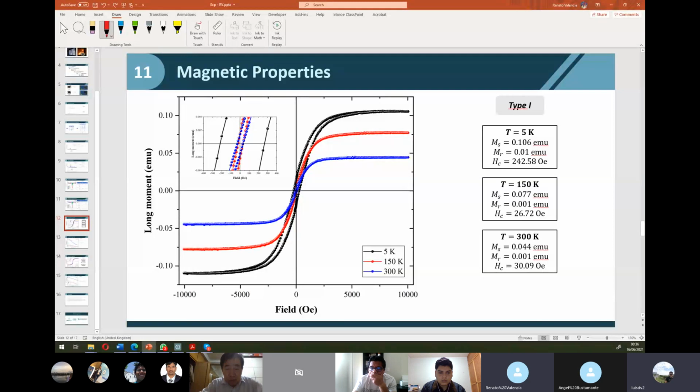Okay, in the type 1 sample, we found that this sample is ferromagnetic.